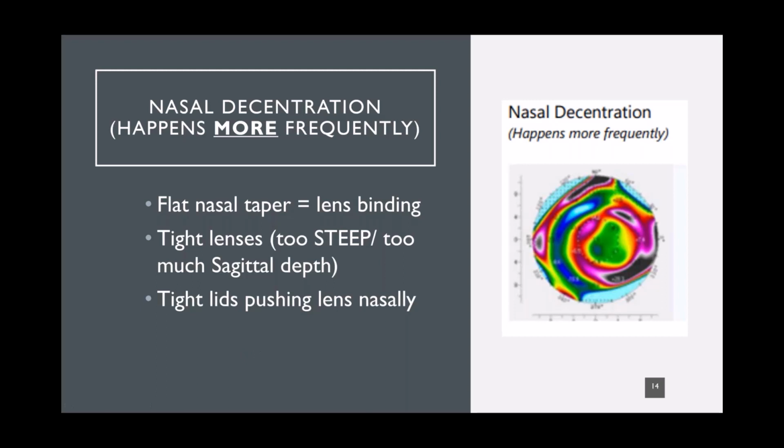And I would say if you have a really, really tricky nasal decentration, reaching out to the consultants at WAVE can be very helpful for some of these cases, because there are some more advanced techniques that can sometimes be done, such as lifting the peripheral radius of that lens up and away from that peripheral cornea to try and get the lens to have even more interaction with the lid and have to interact with the center of the lens.